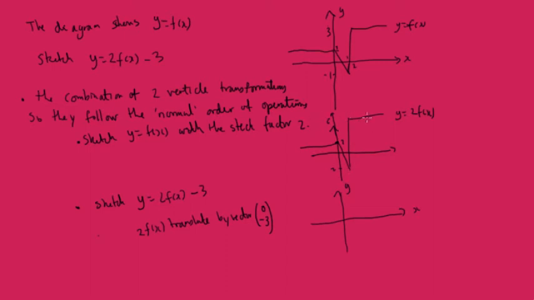So we're taking what we've done, the stretch, and now we're going to do the translation. So all the y coordinates are going to change by 3, minus 3.